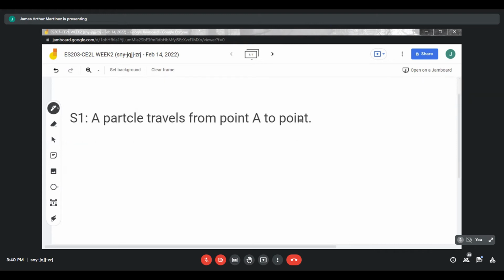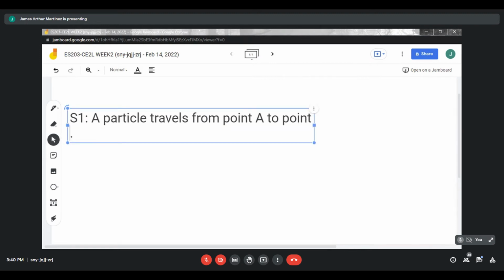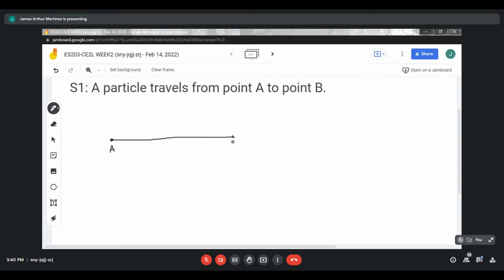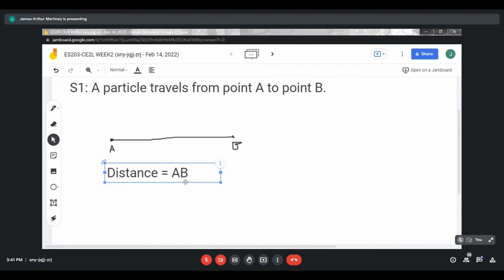So let's say this is point A, pardon my handwriting, and this is point B. The particle travels from point A to point B. The distance for this situation is just equal to AB, since it is the accumulated length of the path traveled by your particle or your body.